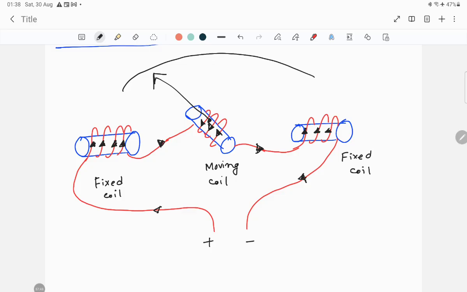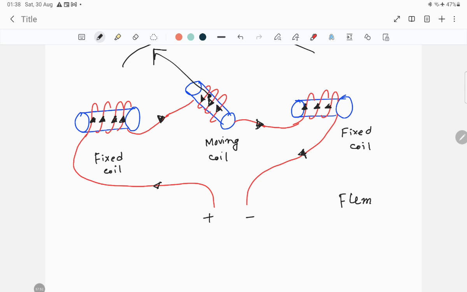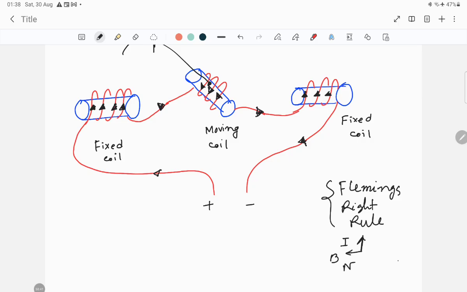Okay, now if we use Fleming's right hand rule, if this is the direction of I, over here B will be in this manner, and there will be a north pole and a south pole.